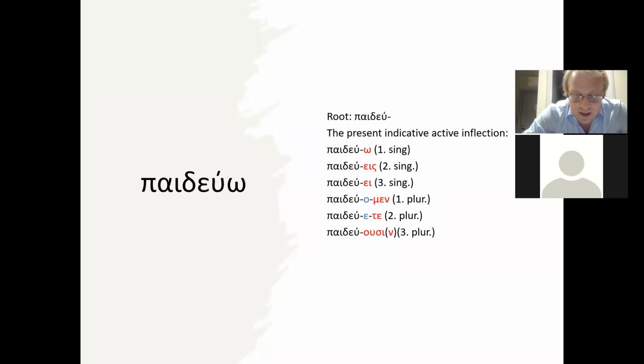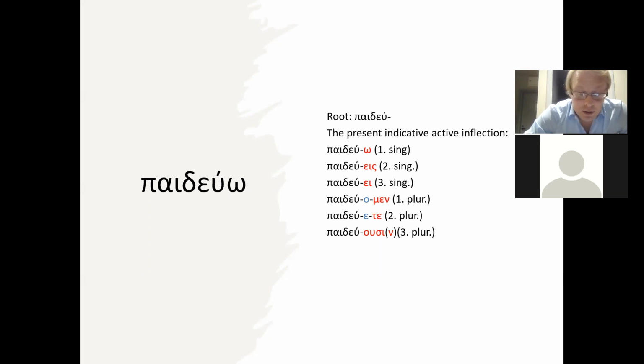The usual paradigmatic example verb, which we will also look at, is paideuo, meaning I educate. Here, the root is formed by paideu, and the ending is o. And this o ending marks the verb as a first person singular.